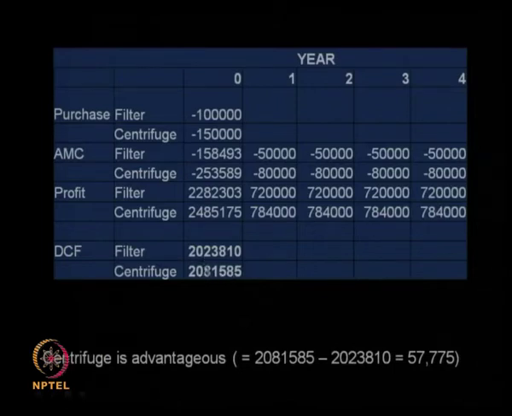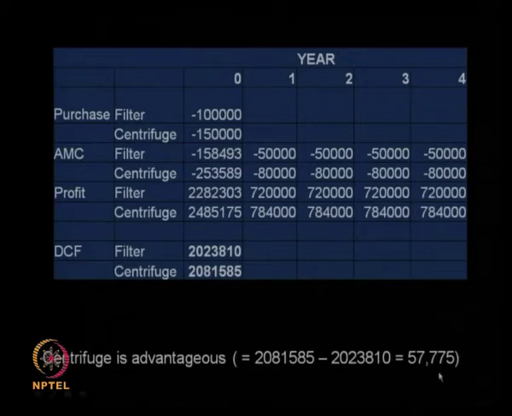So of course the centrifuge is better than the filter, because you take the total profit in the 4 years, the cash flow, and subtract the annual maintenance contract and the purchase price as of today, that is year 0, and this is the difference you get. So you will make a profit of 57,775 if you have a centrifuge, better than a filter.